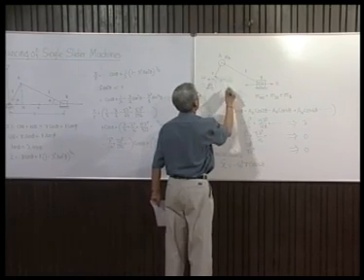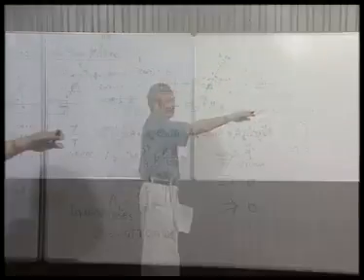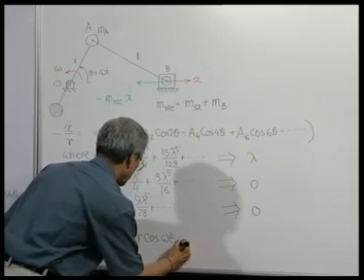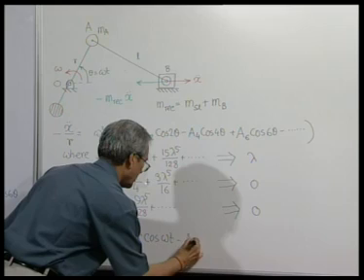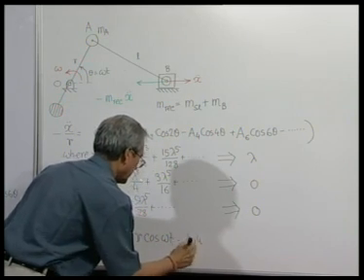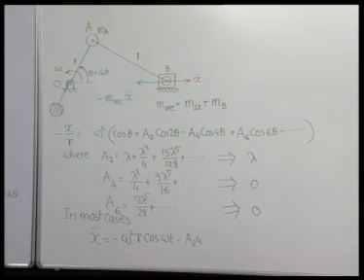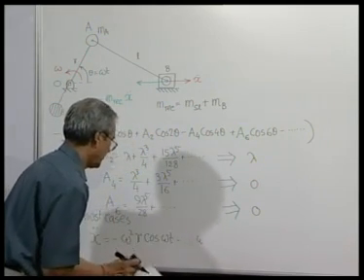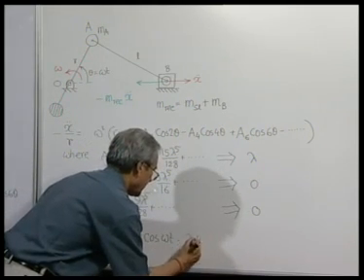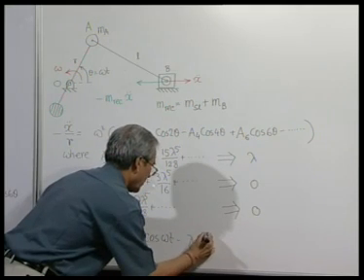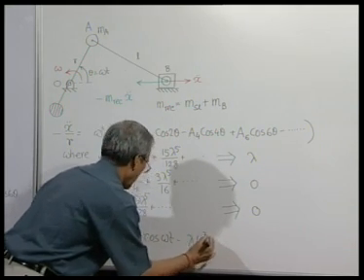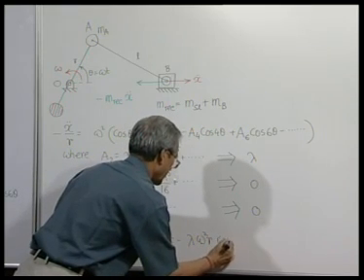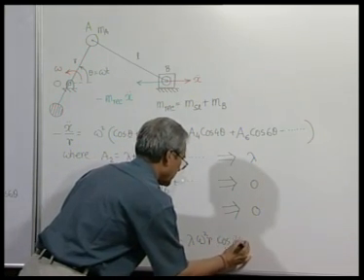If we assume at t is equal to 0, the crank was aligned with the cylinder center line, minus A2, which is simply lambda, omega square r cosine 2 omega t.